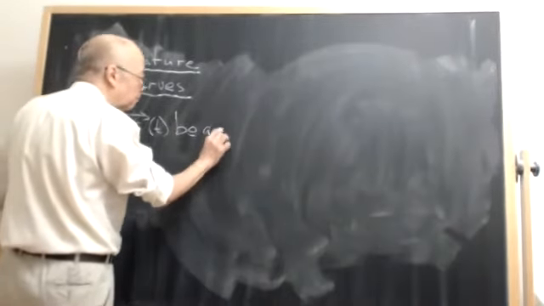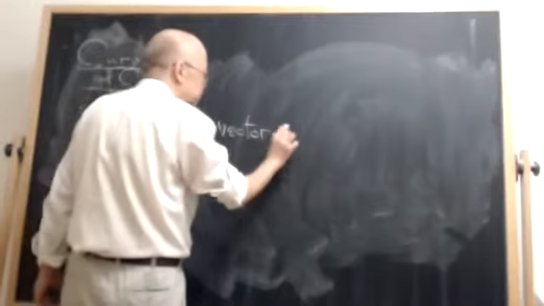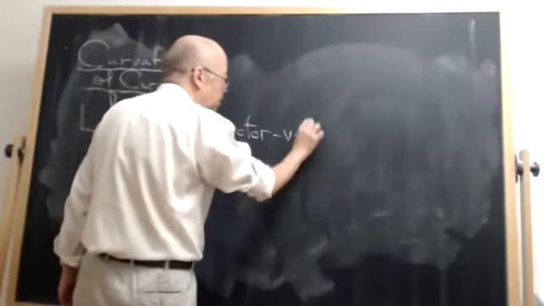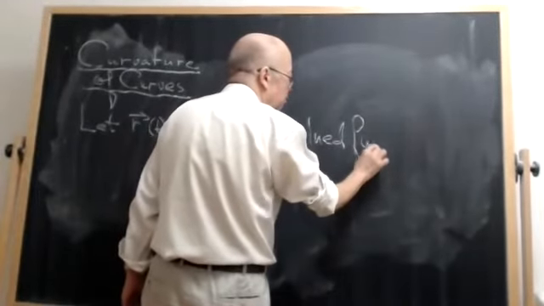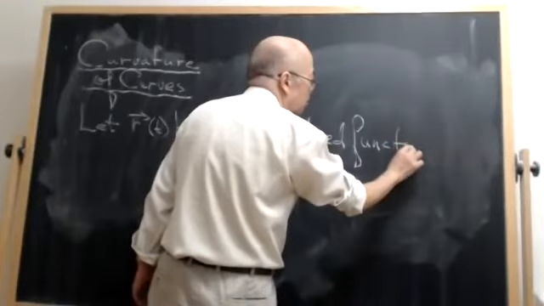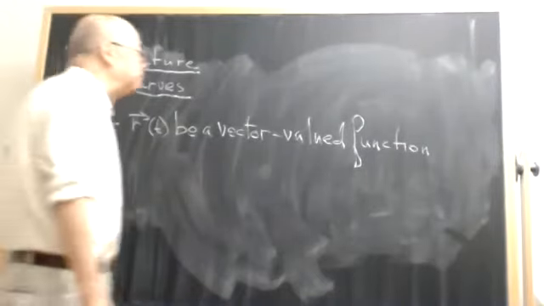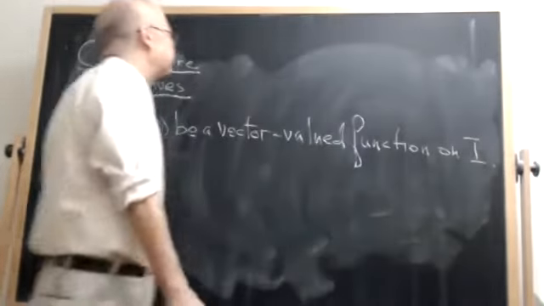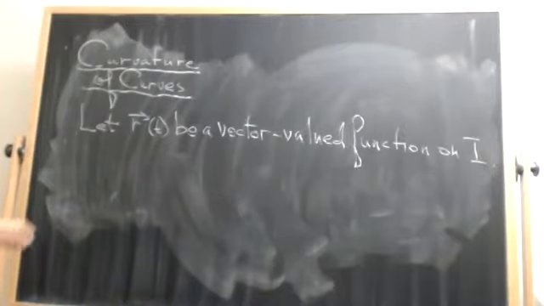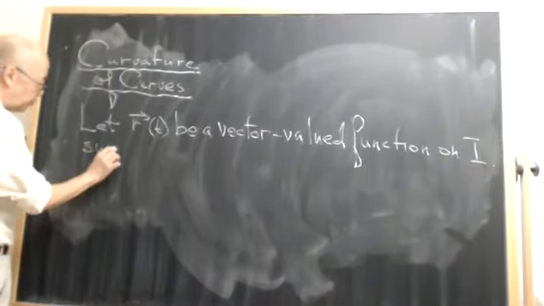So R of t is a vector value function, again on an interval I. And we suppose that this vector value function has three properties.